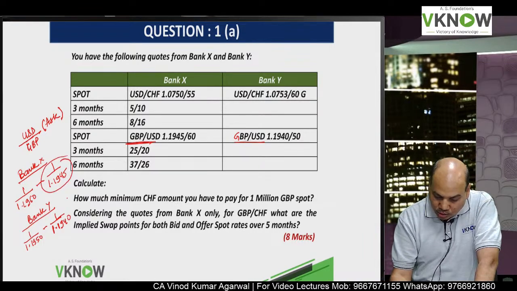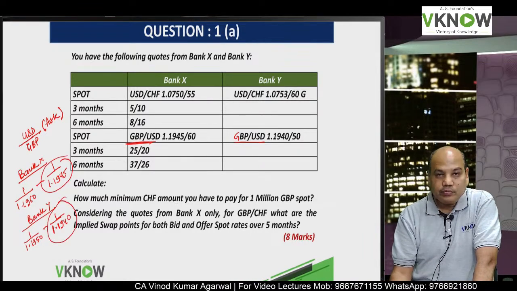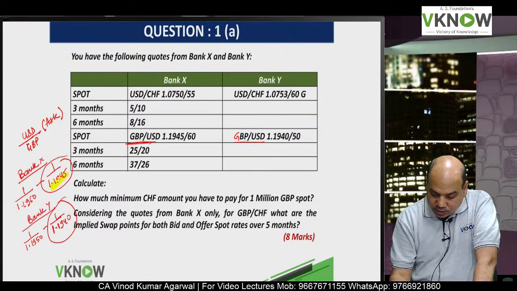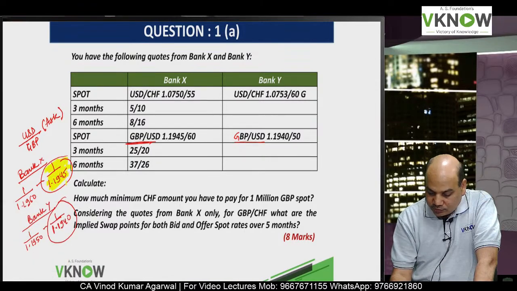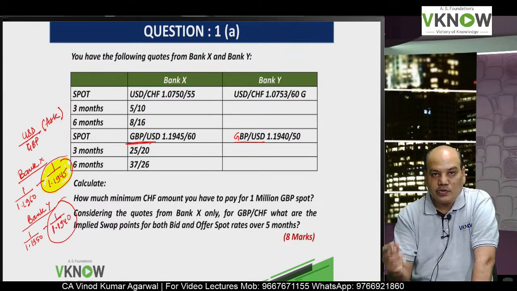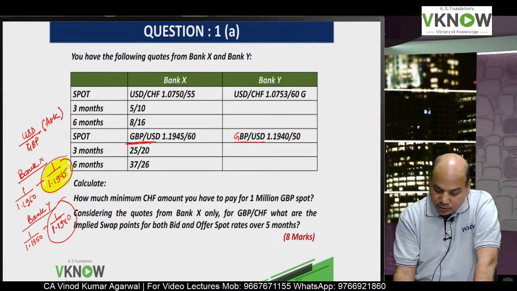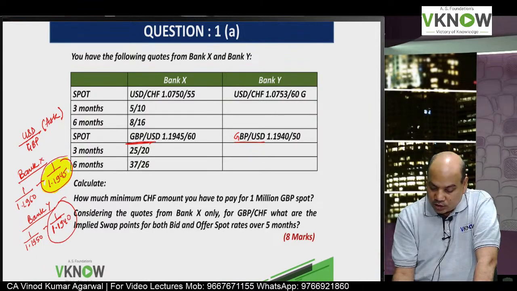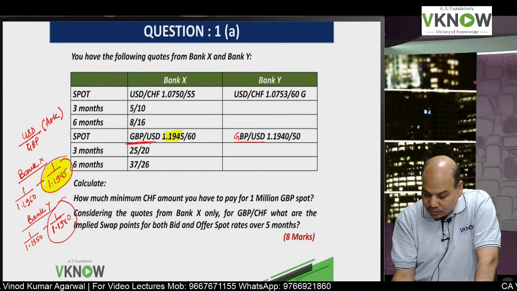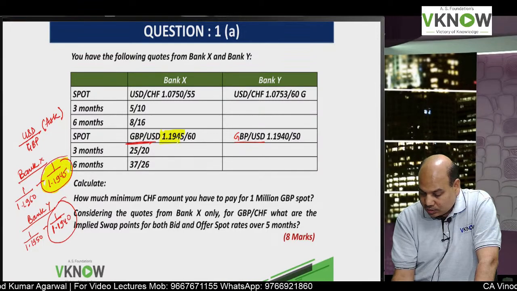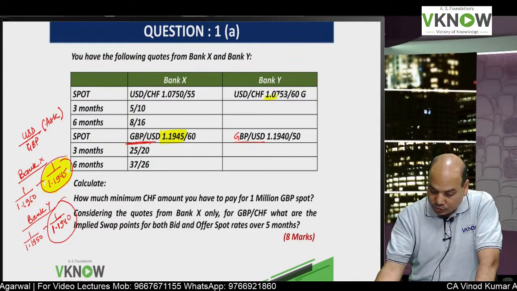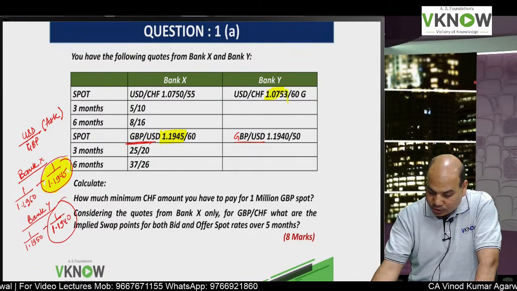Now these are the two ask rates. Which is cheaper? The one with the higher denominator is cheaper, because when you solve it, 1 by 1.1945 will be a lower figure. So I will buy GBP from bank X. What is our final conclusion?